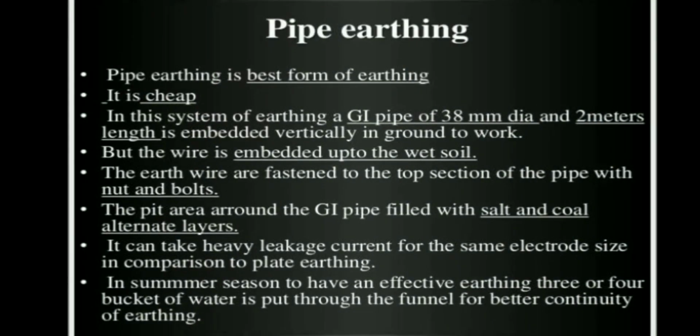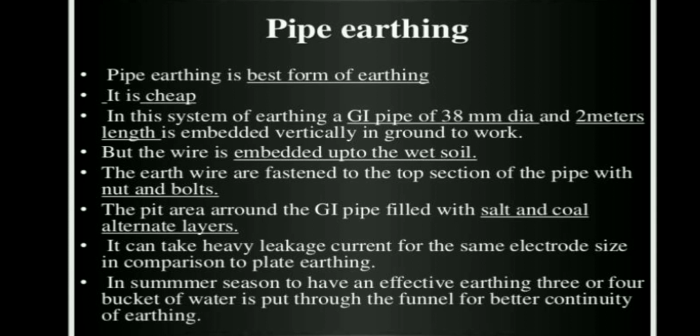Now next is pipe earthing. In this system of earthing, a GI pipe of 38 mm diameter and 2 meter length is embedded vertically in the ground, and the pipe is embedded up to the wet soil.